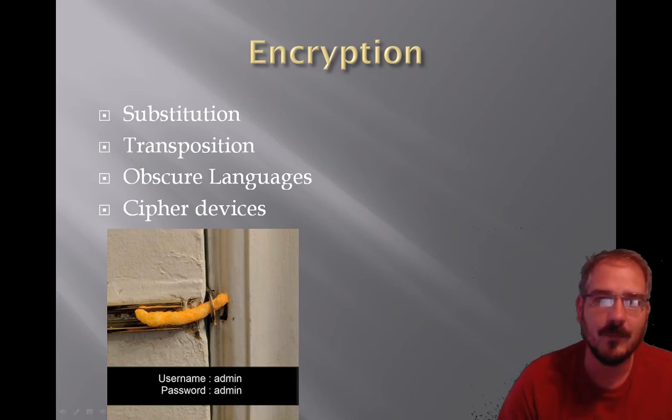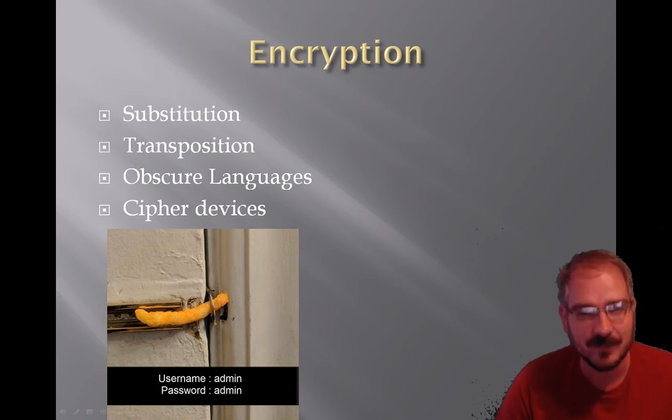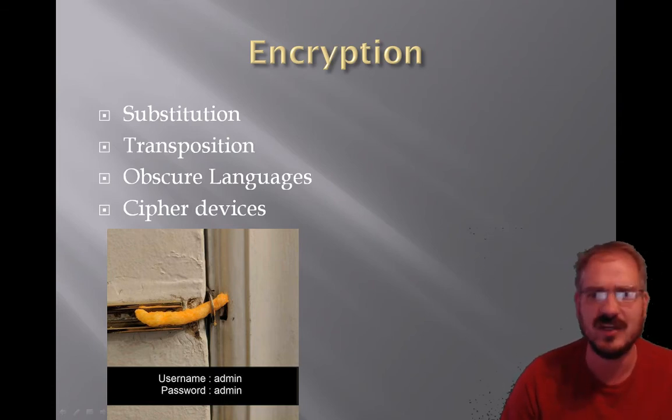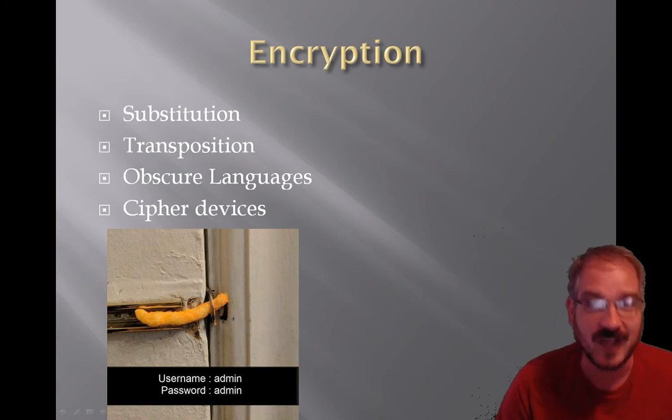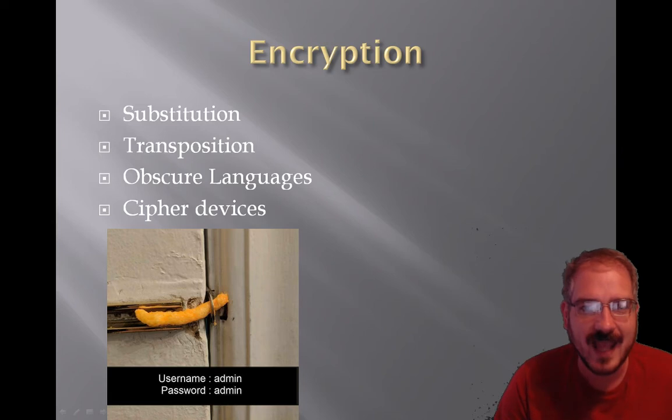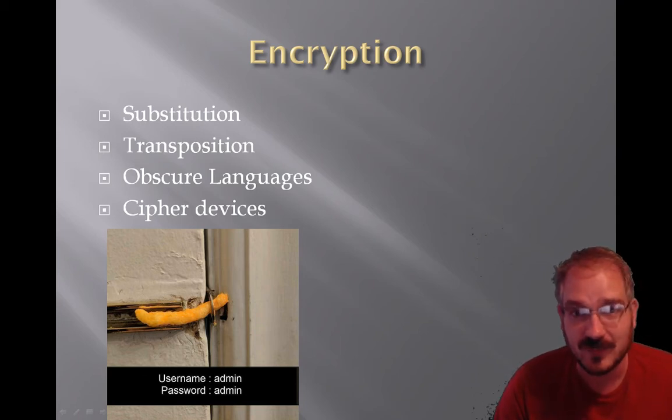Okay? But it doesn't have to be that simple. You can get a lot more complicated with substitution ciphers. For instance, you can have A equals R, B equals exclamation point, C equals either E or a period. Things like that complicate substitution ciphers much past A equals 1, B equals 2, C equals 3.